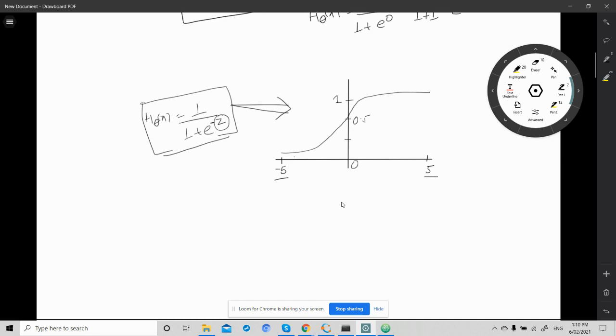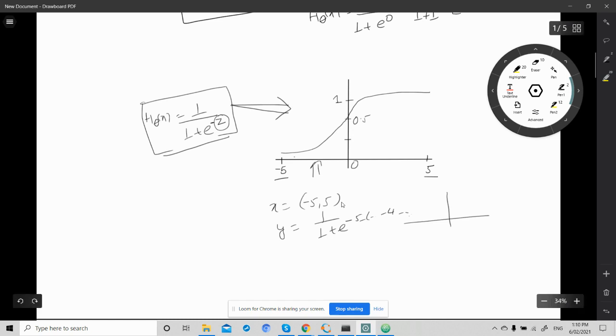My x will be ranging from -5 to 5, and in y I will be applying this formula 1 by 1 plus e to the power minus 4, minus 5 or 5 minus 4, and so on, and then I will be doing a plot, which would look similar to this. So let's visualize my sigmoid function.